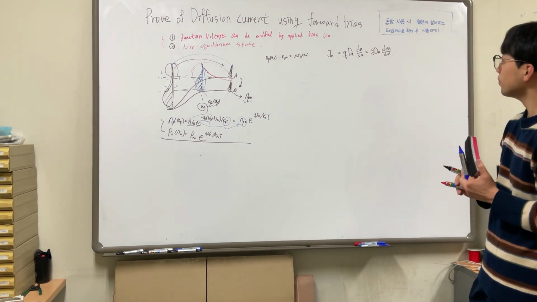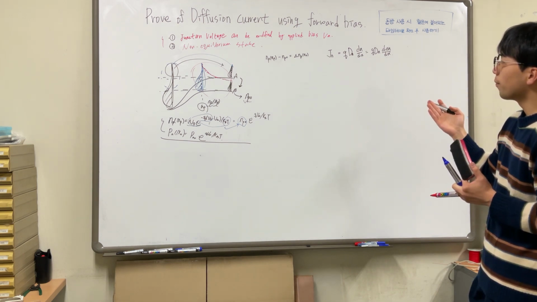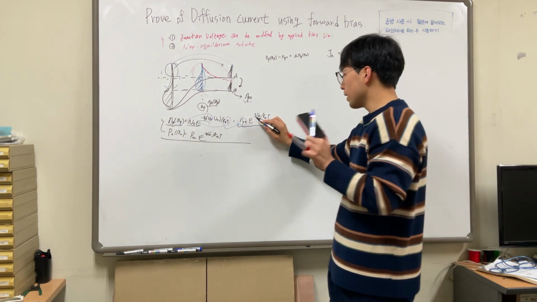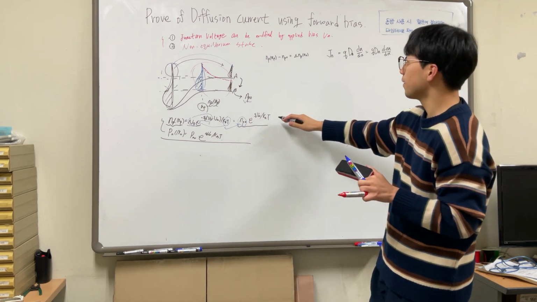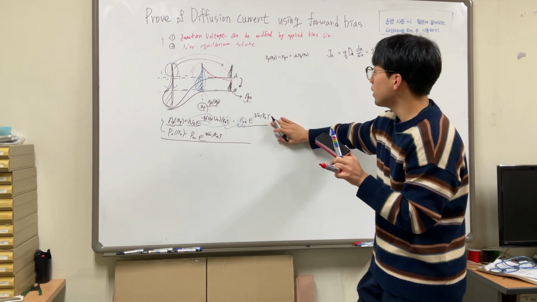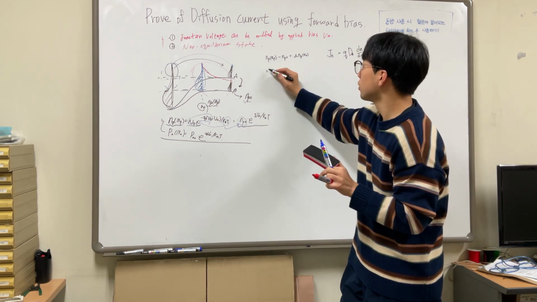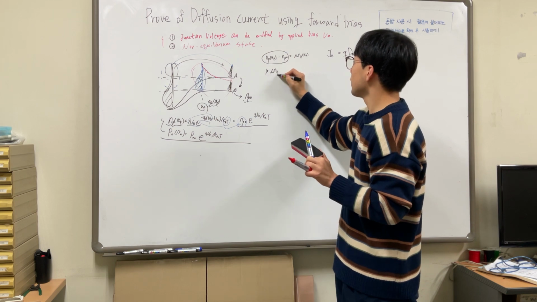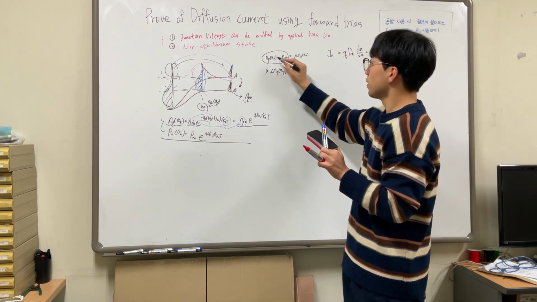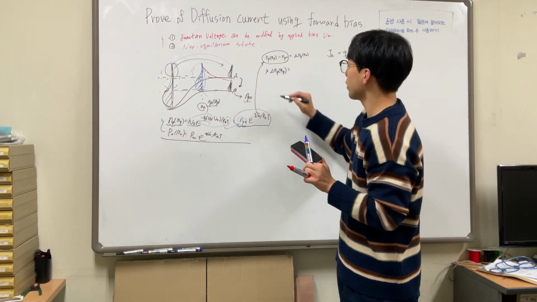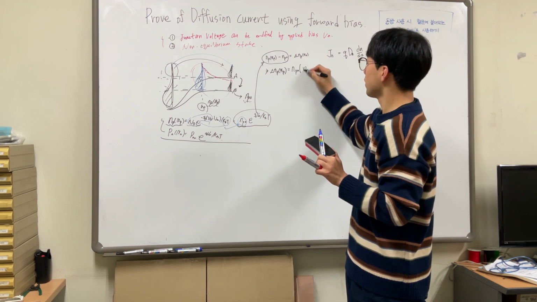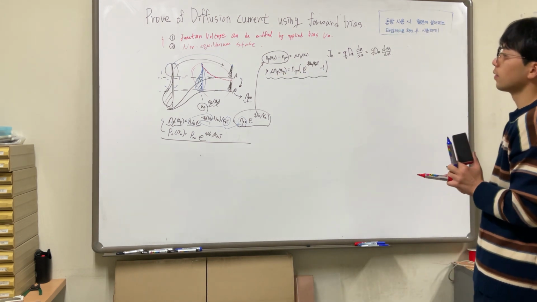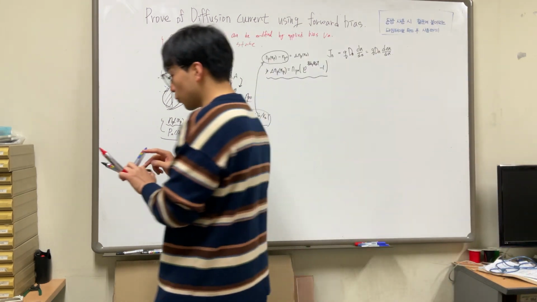Do you agree? Then we know NP(xp) is NP0 exponential qVA over kT, and if we solve this equation, we get NP(xp) is equal to this. So NP0. But we lost one thing.